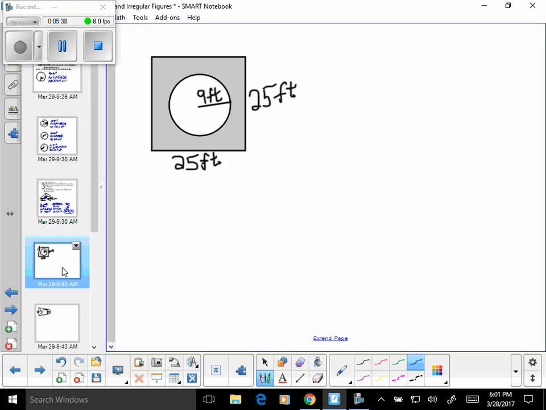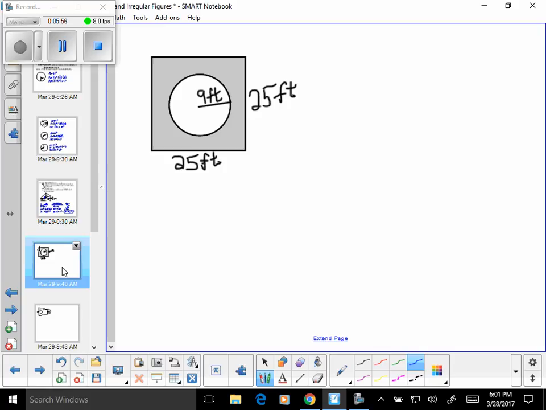What this could actually be is an irrigation on a field of some sort, or maybe you're going to tie the dog in the center of the yard, and how much area will you have where you probably don't have to use your pooper scooper.